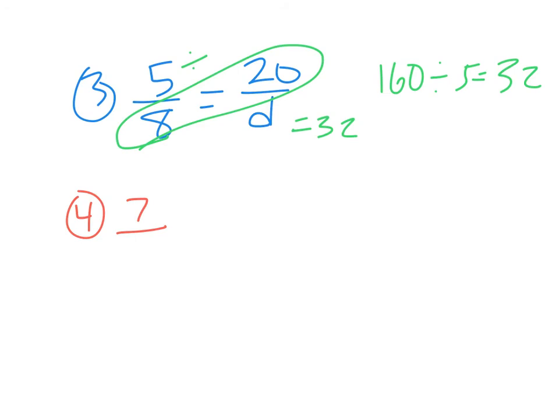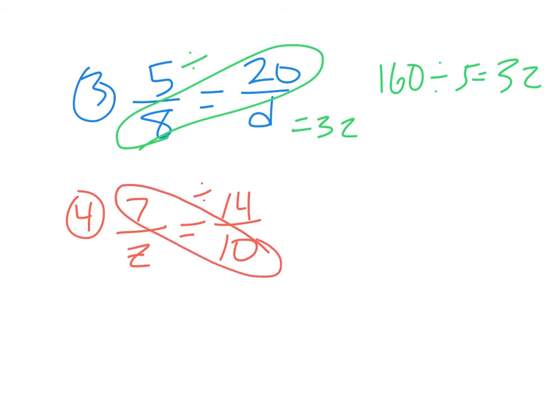So 7 over z, and I put this little line through my z because otherwise it looks like a 2, the way my 2's look, equals 14 over 10. Does it matter what the variable letter is? No, not at all. 7 times what? 10.